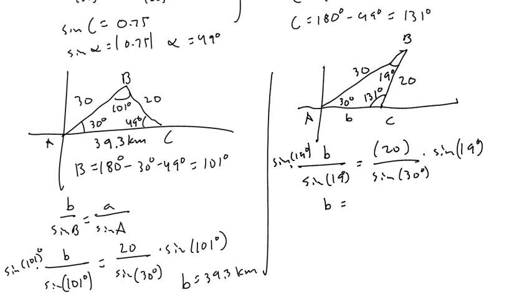And in this case, we get that B is going to be 13.0 kilometers. So our other possibility is that that's going to be 13.0 kilometers there. So we have two possibilities for the distance between these two stations. Either they're going to be 39.3 kilometers apart or 13.0 kilometers apart.